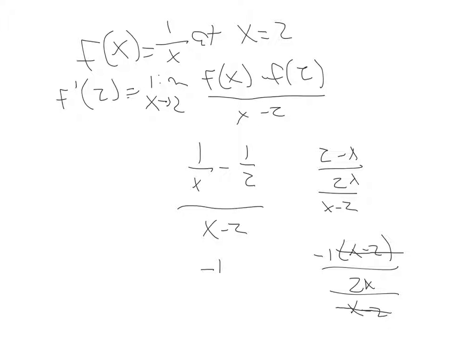So now clearly these two factors will cancel out, leaving me with the limit as x approaches 2 of negative 1 all over 2x. Now I can use direct substitution, and I can find that my derivative, of course, is equal to negative 1/4. Easy peasy.